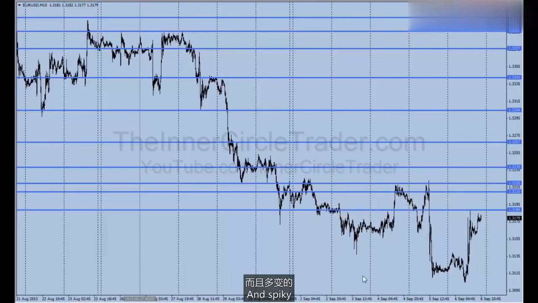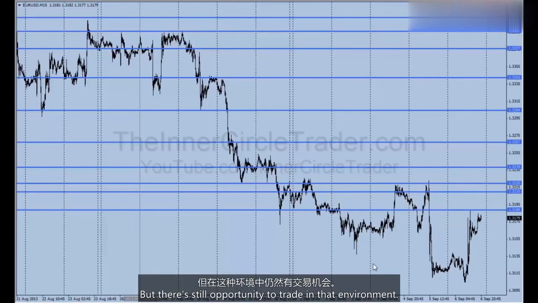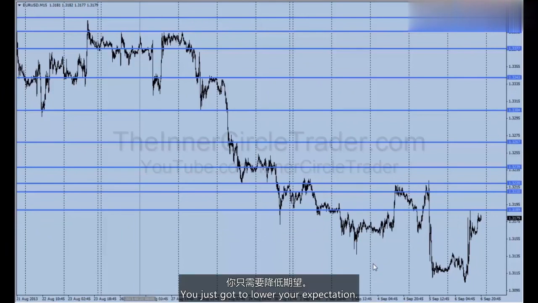and spiky consolidation, but there's still opportunity to trade in that environment. You just got to lower your expectation, slow down in terms of what you expect to see in terms of time, okay, and expect to spend a whole lot of time in the market moves.